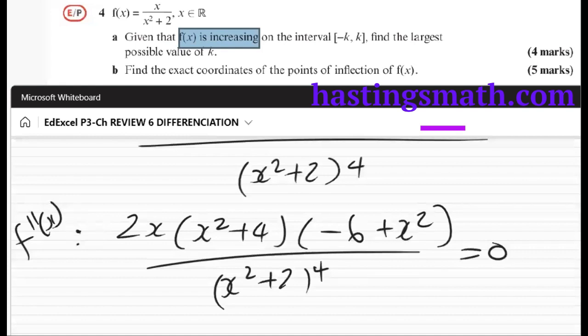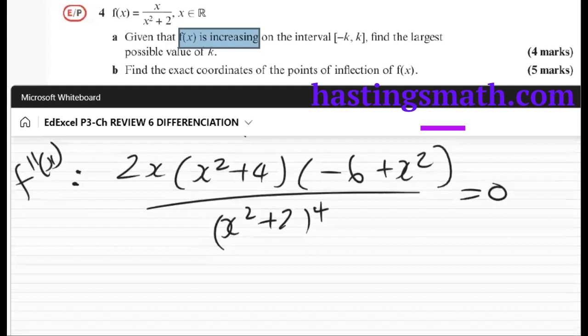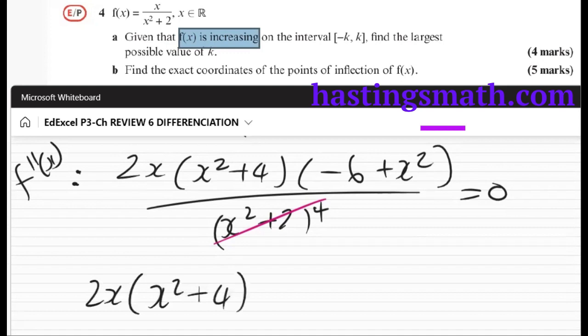So when our second derivative is equal to 0, we have a point of inflection. First thing, obviously, if the denominator is times by 0, you don't need to worry about it. So we end up with 2x, all of this equal to 0.